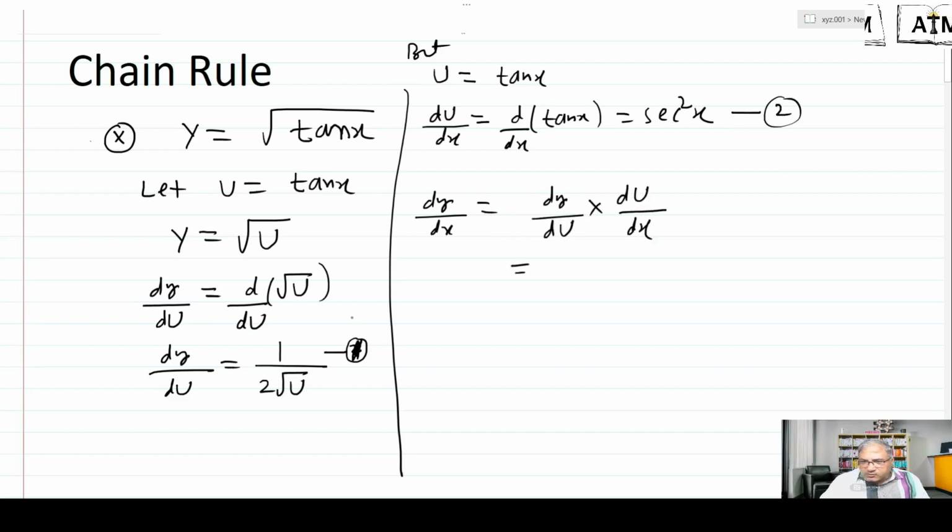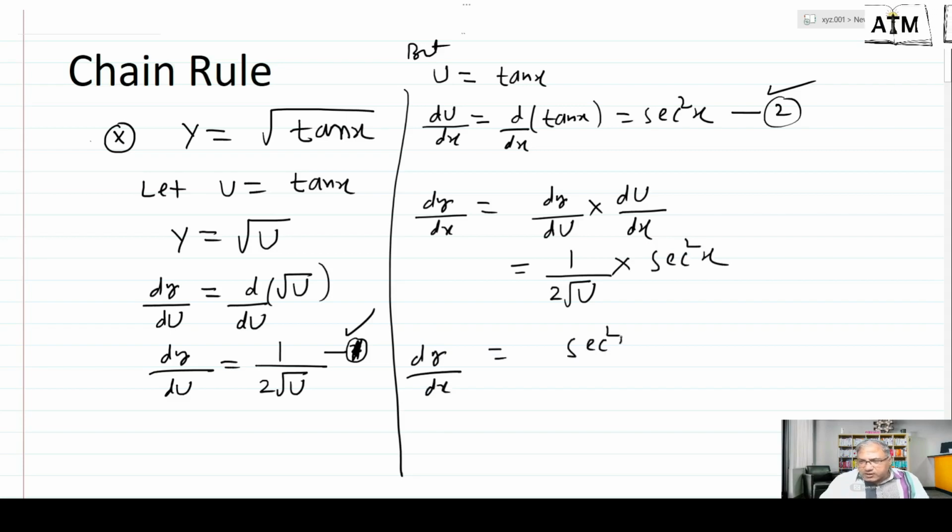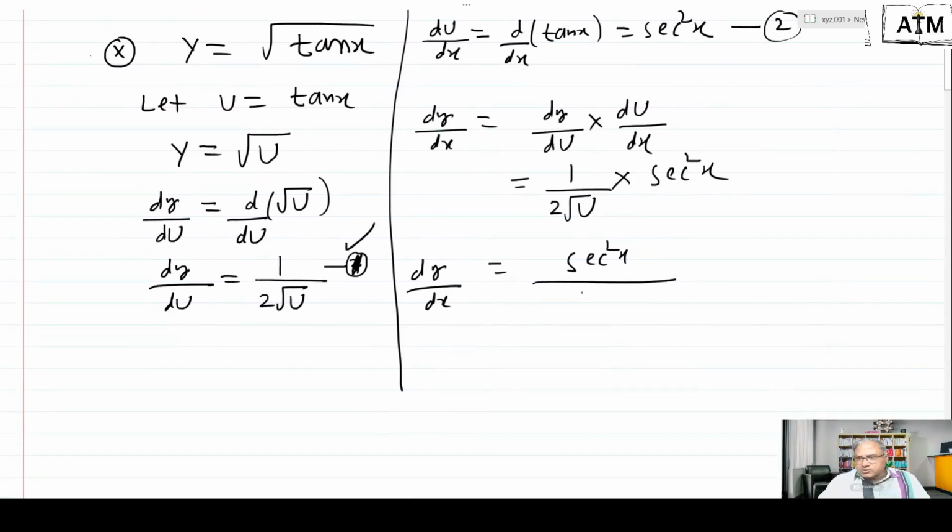I corrected equation 1 here, and equation 2. dy by du is nothing but 1 upon 2 root u, and du by dx is nothing but sec square x. So dy by dx equals sec square x upon, what is u? u is nothing but tan x. Therefore sec square x upon 2 into under root of tan x. This is the result.